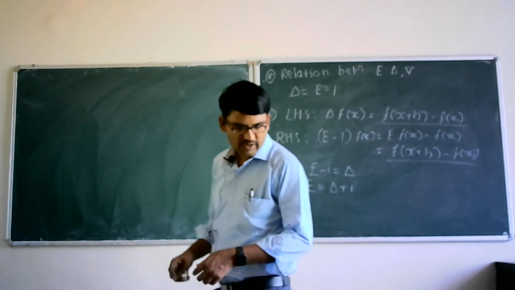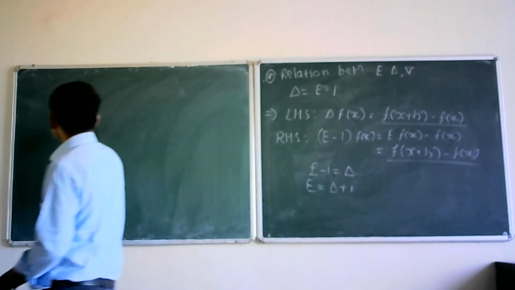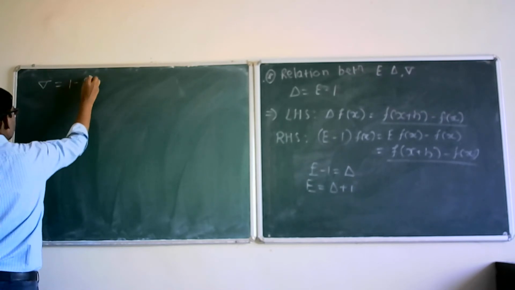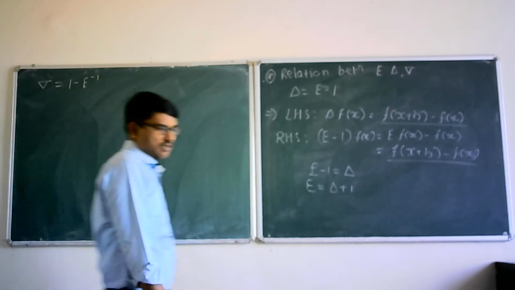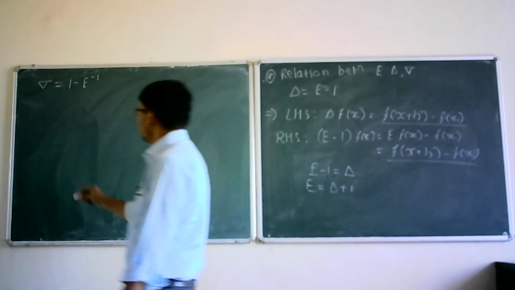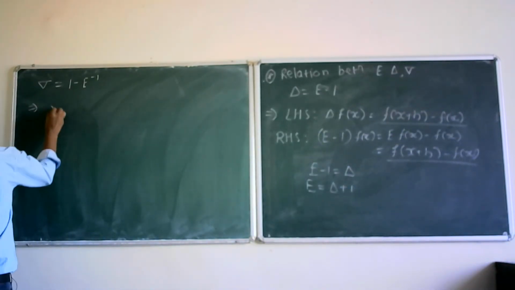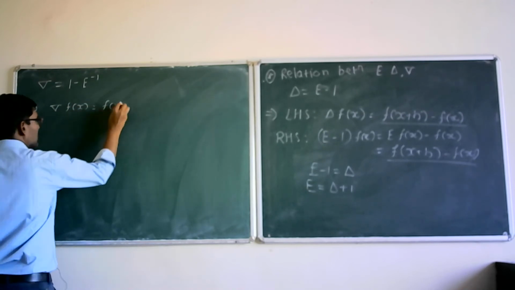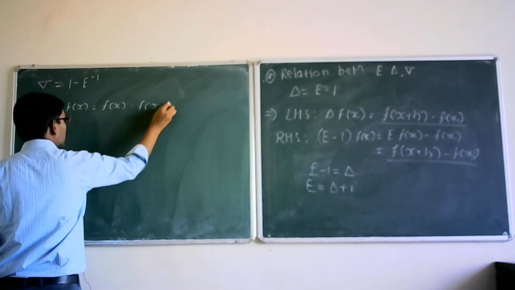Next, del is equal to 1 minus E raised to minus 1. I want to prove this. So again, del f of x is equal to f of x minus f of x minus h.